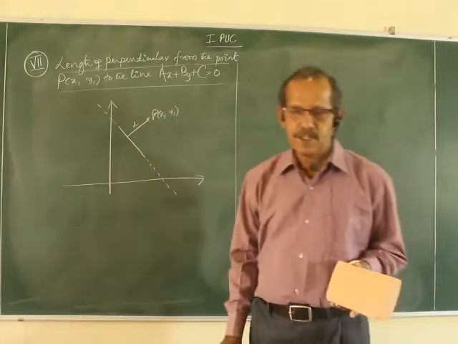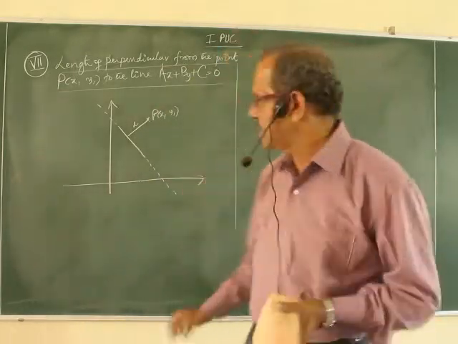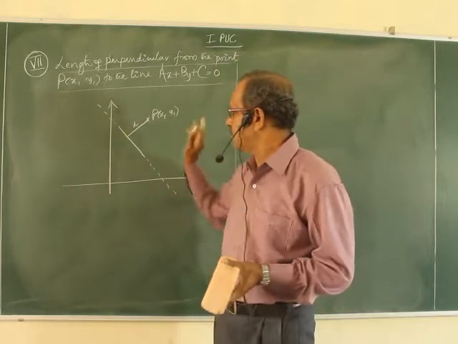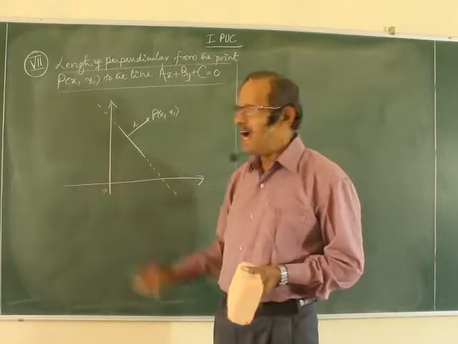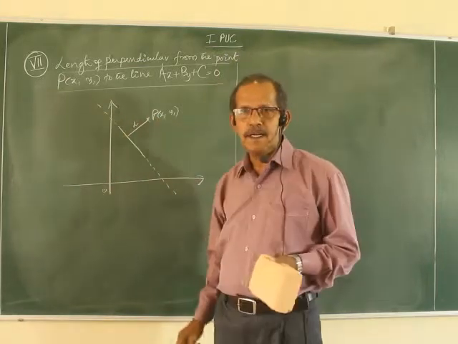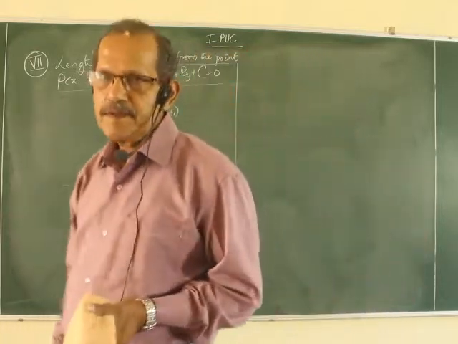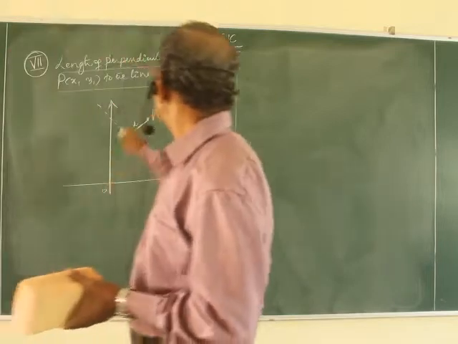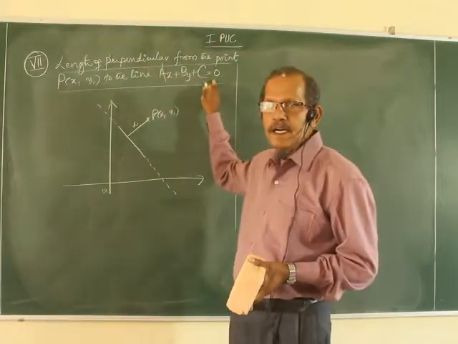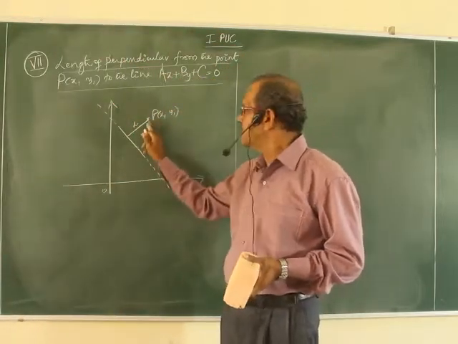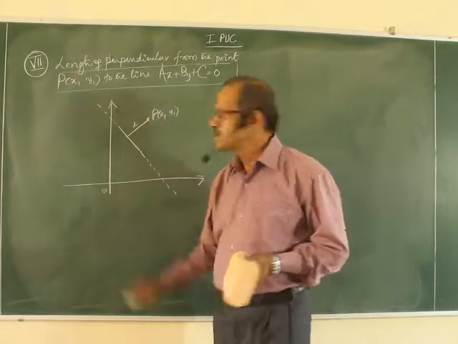Find d. This is the question. What they are giving? They are giving the equation of the line, and external point is also given. Find the length of the perpendicular. Given the equation of the line, external point, find the length of the perpendicular.